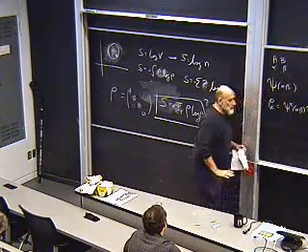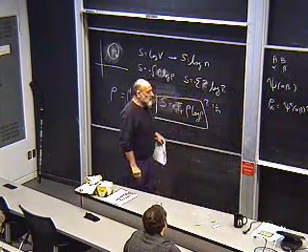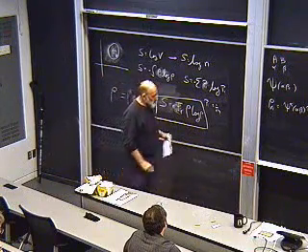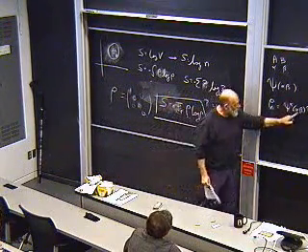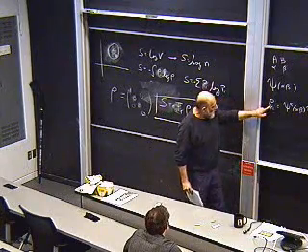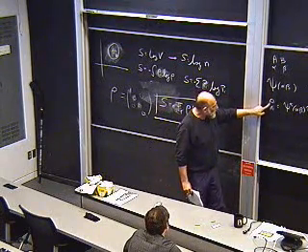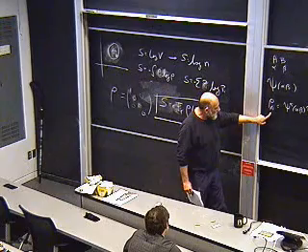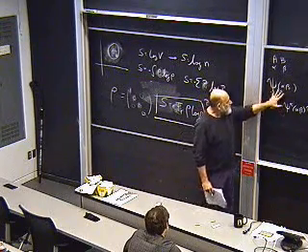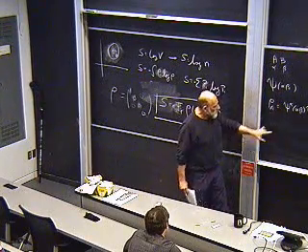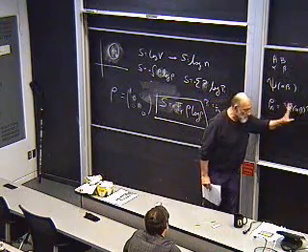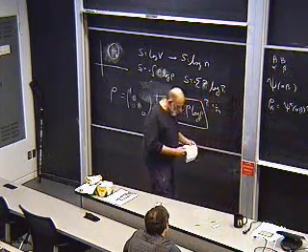Repeated indices are summed over. I'm not going to waste our time writing summation signs. Alpha and alpha prime are open indices, and this is the alpha alpha prime component of the density matrix of A. It's an operator in the Hilbert space of A degrees of freedom, and it's summed over B. You can say B has been integrated out, if you like.